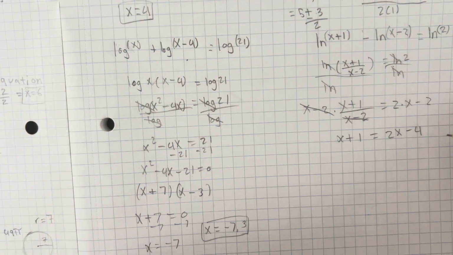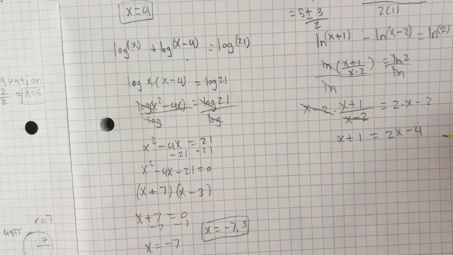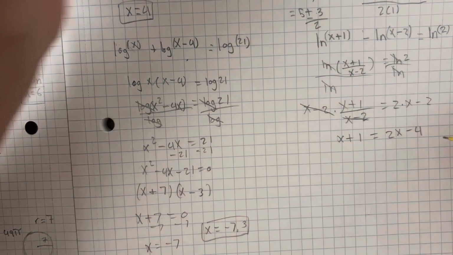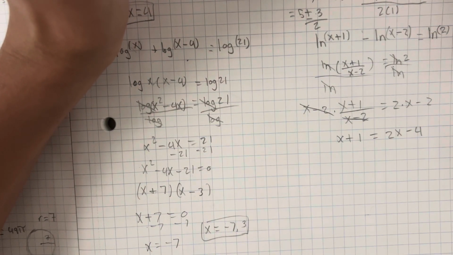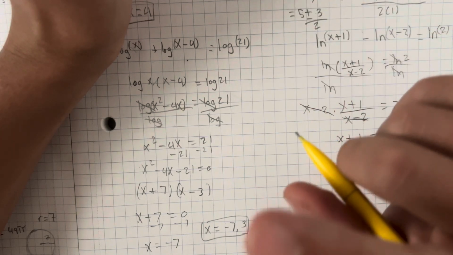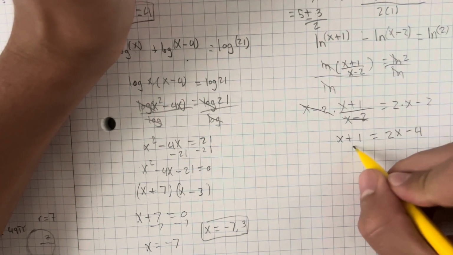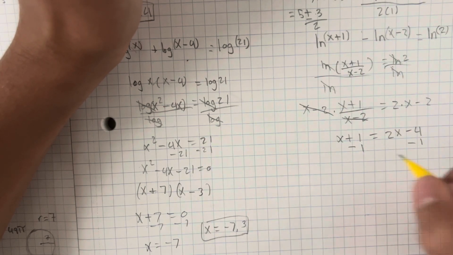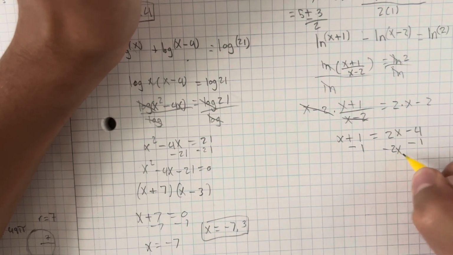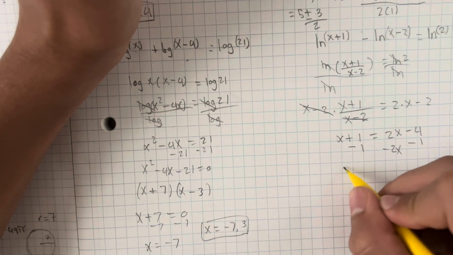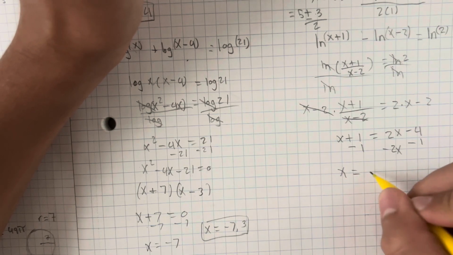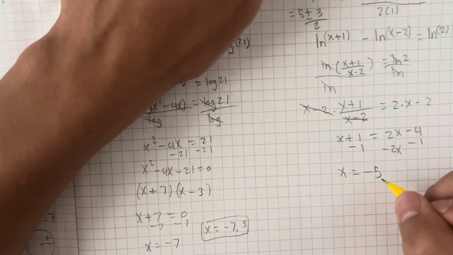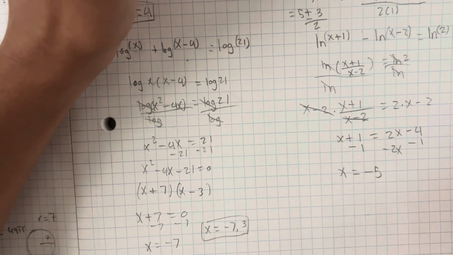So then from here, we just subtract the 1 here, subtract the 1 here, and then subtract 2x here, and then so it's just x on this side equals -5.